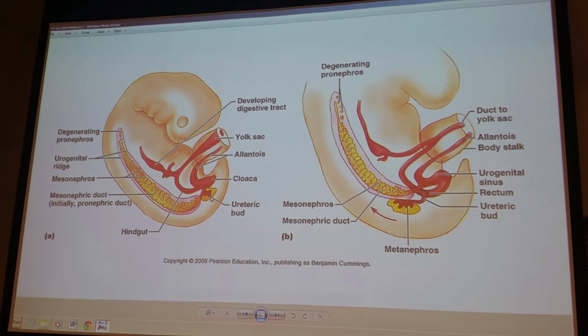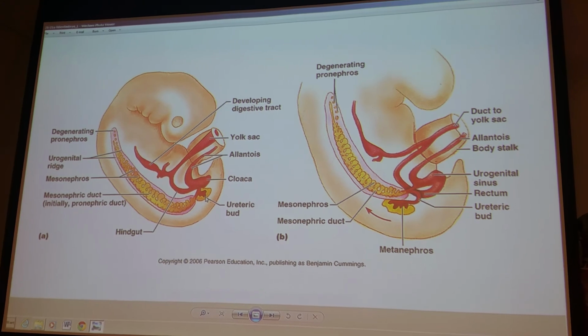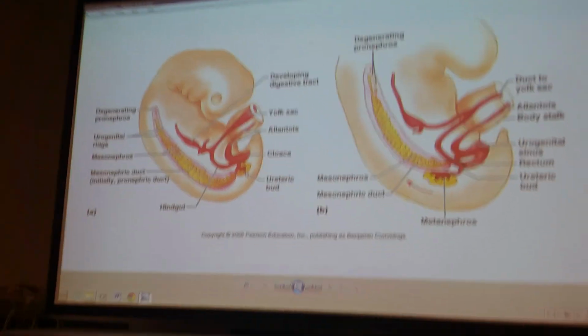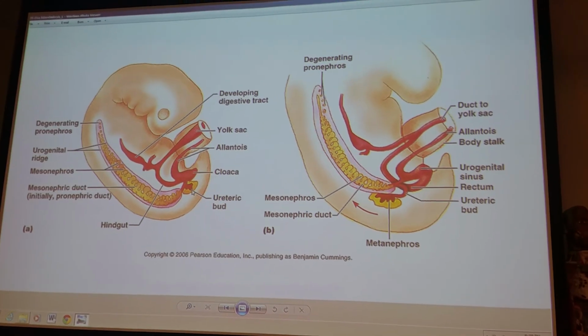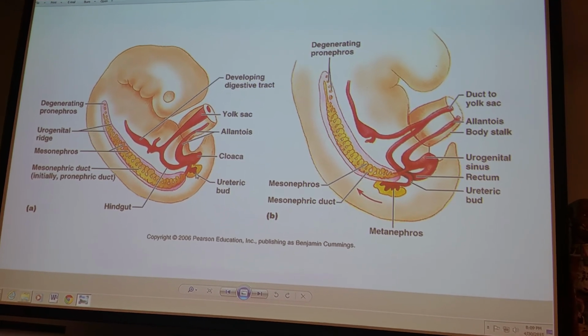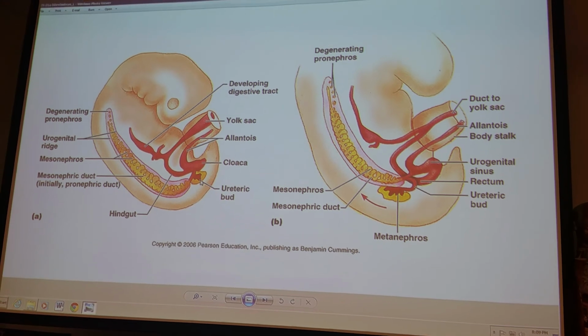And they act like kidneys. They secrete waste into the ocean. In other words, they pee into their own pool.